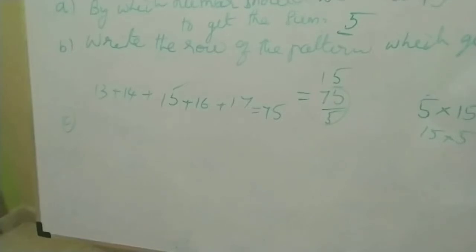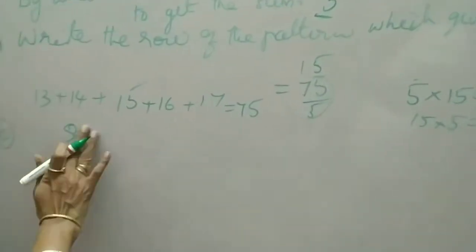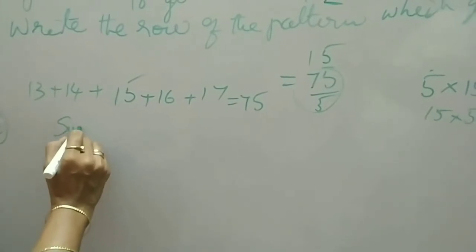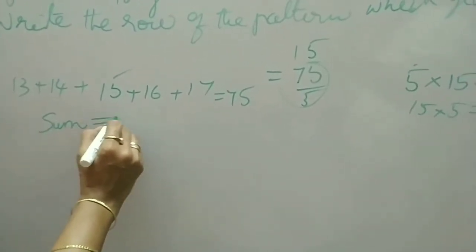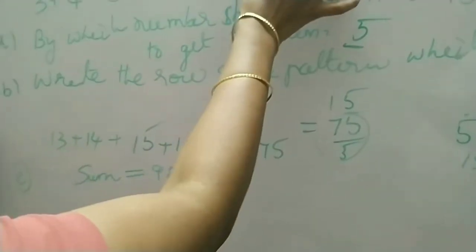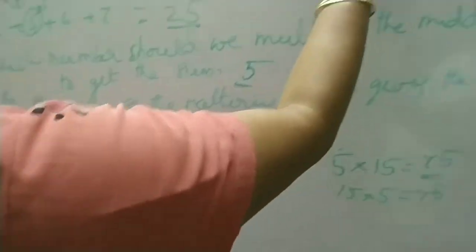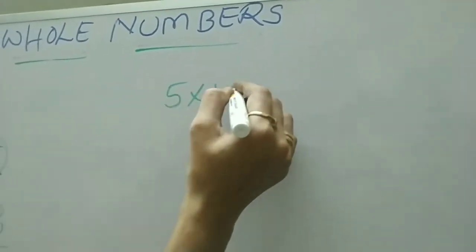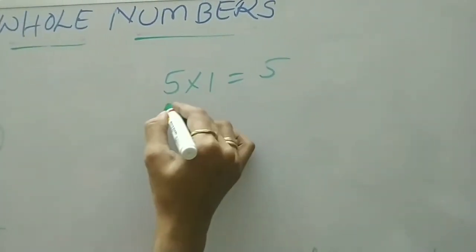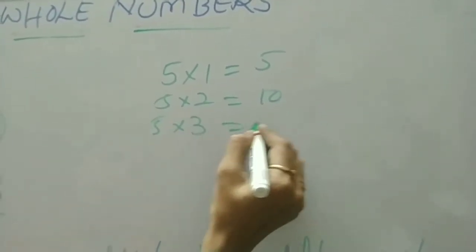Can there be any row of the pattern which gives the sum as 92? So here you must get the sum equal to 92. In the fifth table, if you observe, the multiples are 5 1s 5, 5 2s 10, 5 3s 15.